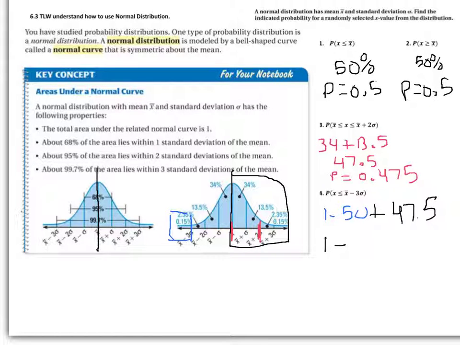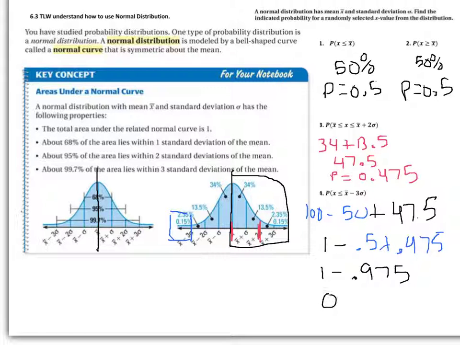So that would be 1 minus 0.5 plus 0.475. 1 minus 0.975.